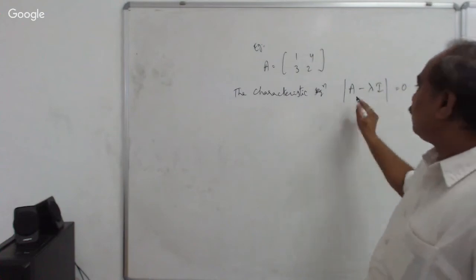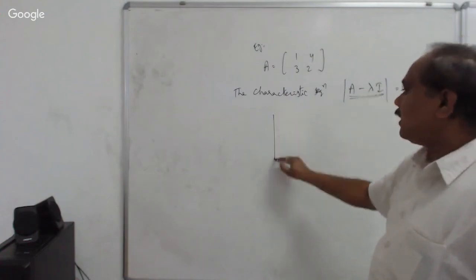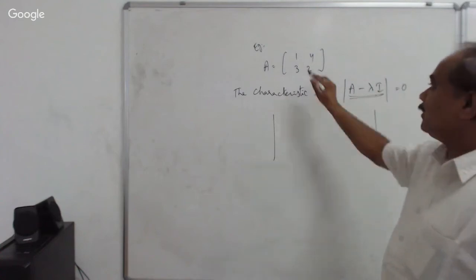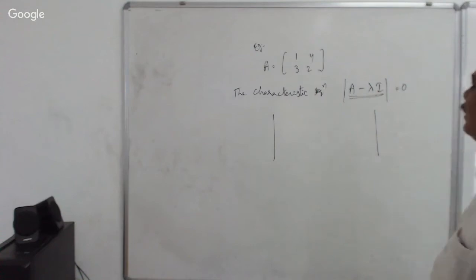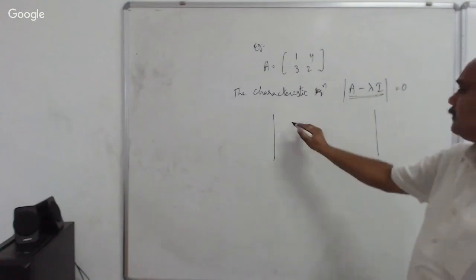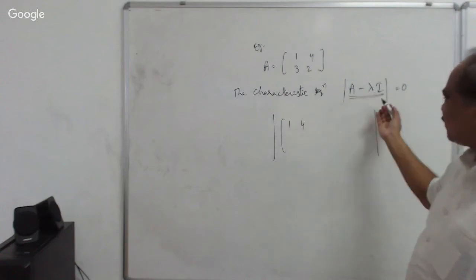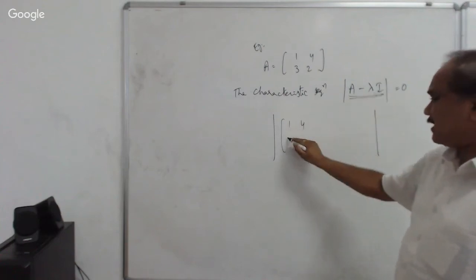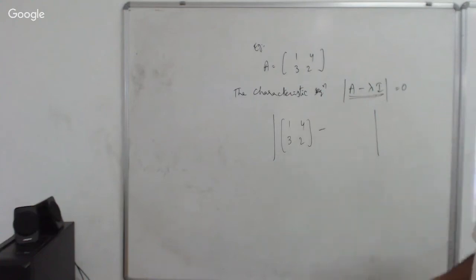Here, what is A minus lambda I? The determinant of A minus lambda times I, where A is 1, 4, 3, 2. Of course, we can write the direct step here also, but you can't understand it yet.